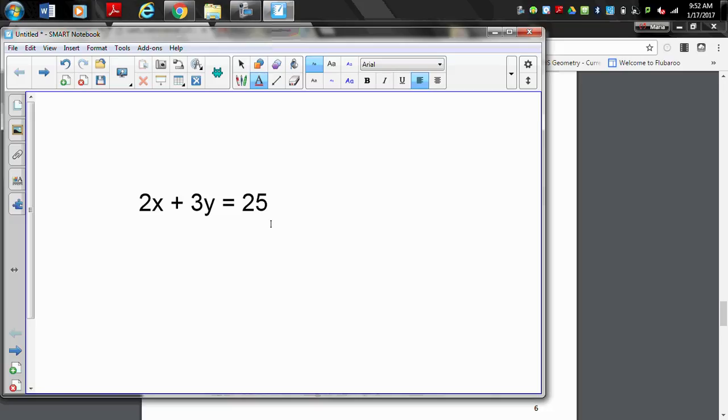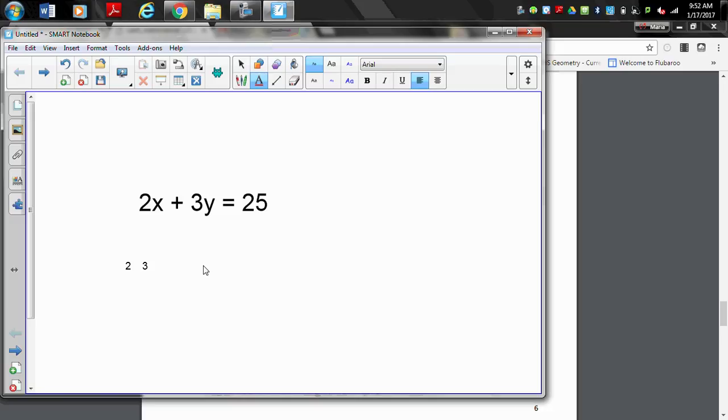Once you have your variables all on the same side, then you split it up. So to make your matrix, the first matrix is going to be a 2, 3. You take just the numbers from your equation and bring them down.